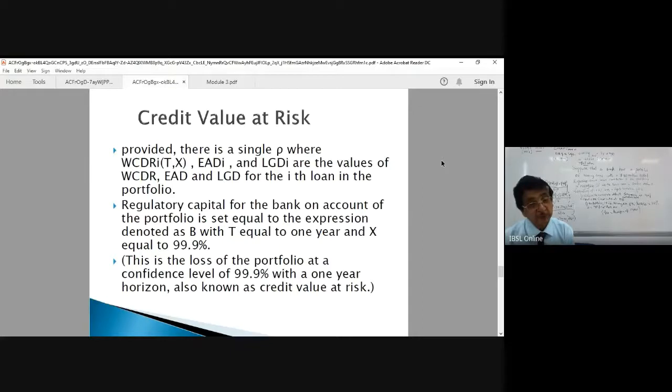That confusion also can be sorted out if you have a very good idea about the ratings of your portfolio. So if that portfolio is a homogeneous one, invariably the probability of default of each and every loan of the portfolio might be the same, because all are in the same rating category.